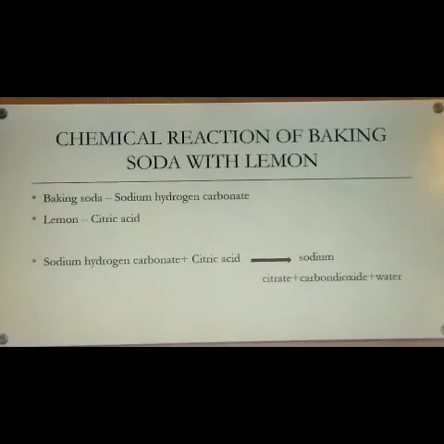And now we shall see the chemical reaction of baking soda with lemon. Baking soda is generally used in cooking, and it contains a chemical compound called sodium hydrogen carbonate, while the lemon contains a chemical compound called citric acid. So when you combine baking soda with the lemon, what will happen?